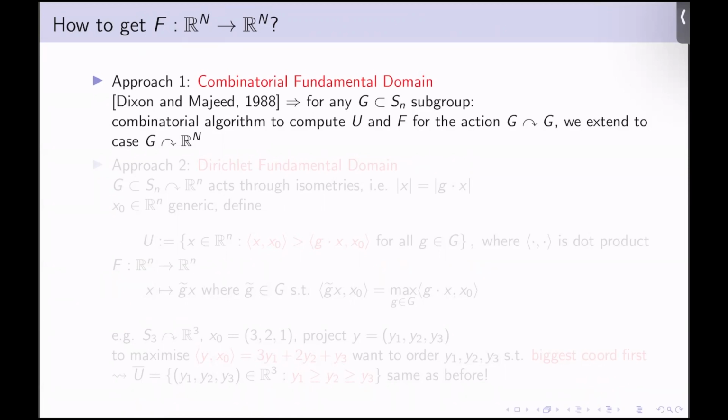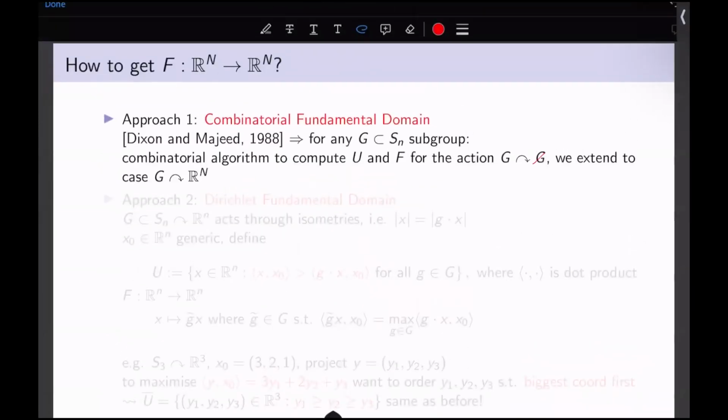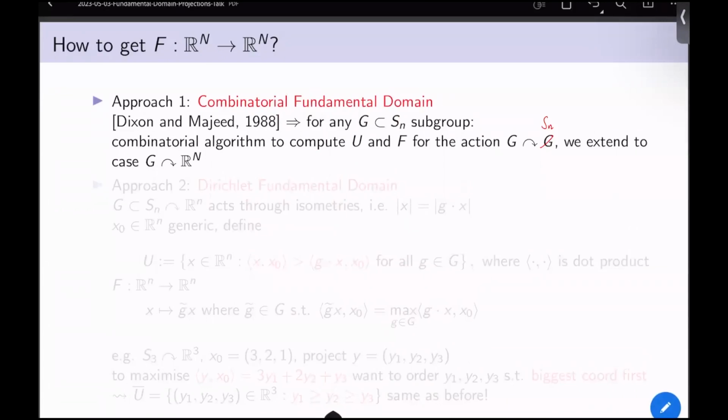So in other words, an algorithm to compute orbit representatives of this group. And then taking this algorithm, it's still a bit of work, but the main idea comes from their paper. Taking that algorithm, we generalize this to the case of G acting on Euclidean space as a subgroup of Sn, so by permutation of coordinates.